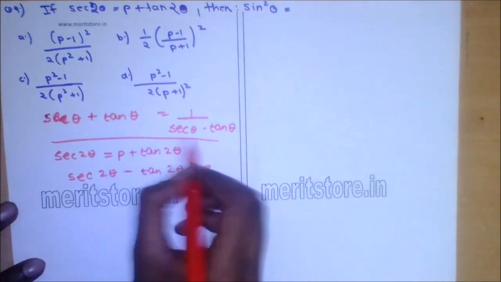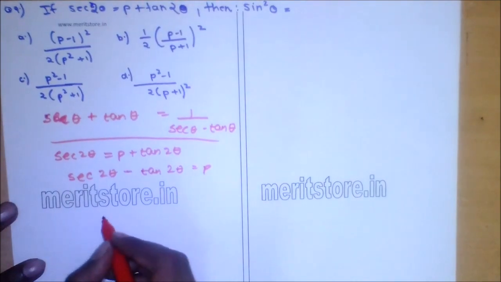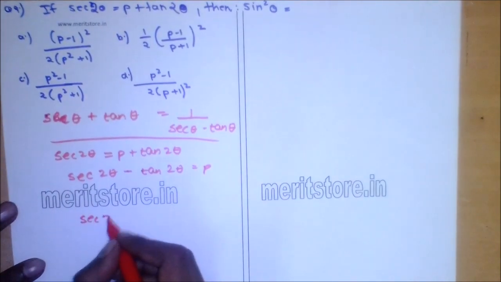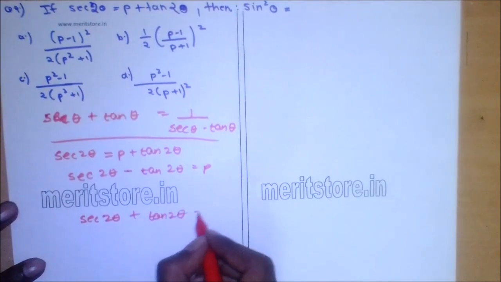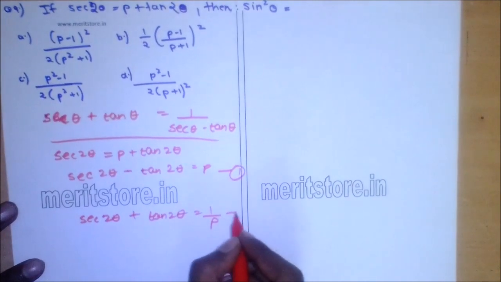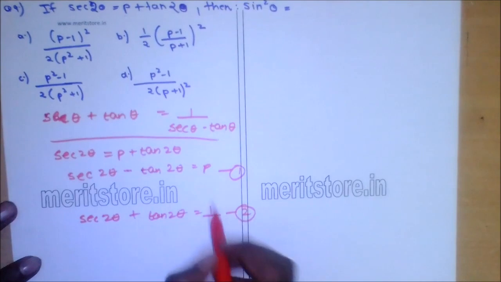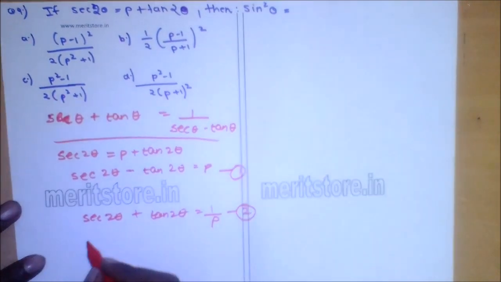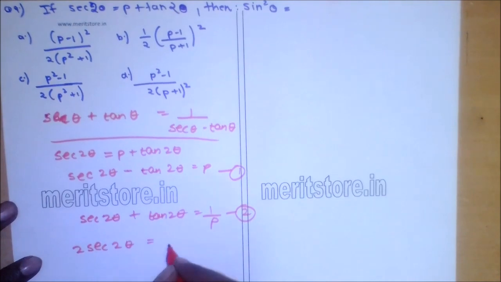So these are reciprocals, so it can be said that sec 2 theta plus tan 2 theta is 1 by p. Let this be equation 1. Let this be equation 2. So now we add these equations. We get 2 sec 2 theta equals p plus 1 by p.